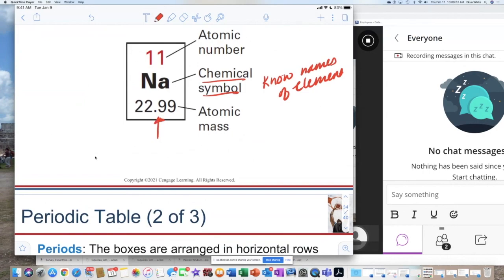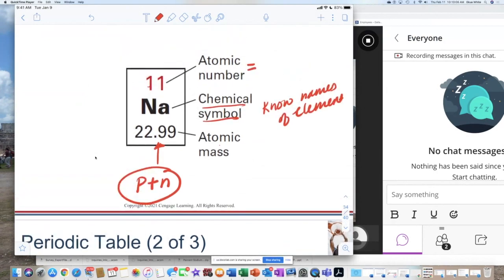For the atomic mass, to get the mass, you take the number of protons, or the number up here, plus the number of neutrons. Okay, so the mass will always be bigger than the atomic number. Atomic number is also equal to number of protons. Right. So atomic number will always be less.